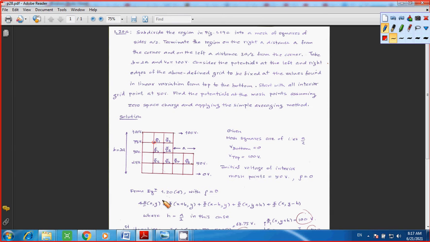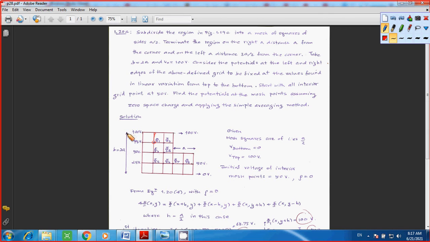So that's mean for phi of xy equal to 4 phi of x plus h, where your h equal to a over 2, right?